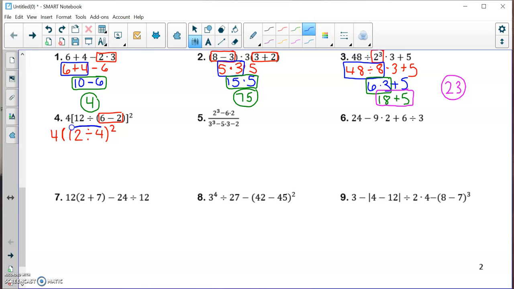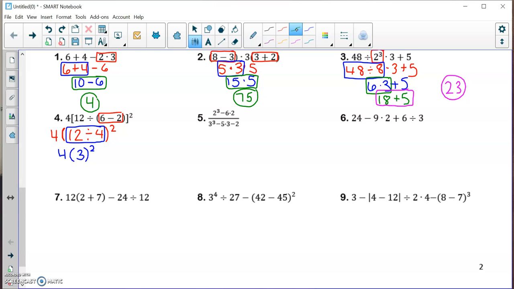I'm going to continue on simplifying my parentheses. Only this time I do have an exponent on the outside of my parentheses, so I'm not going to drop my parentheses. The reason why we don't drop is because if that was a negative 3 being raised to the 2nd power, it would matter whether that negative 3 was in parentheses or not.